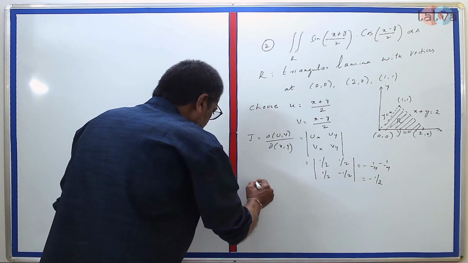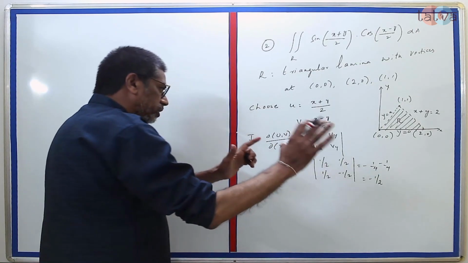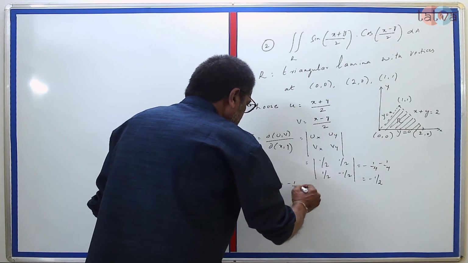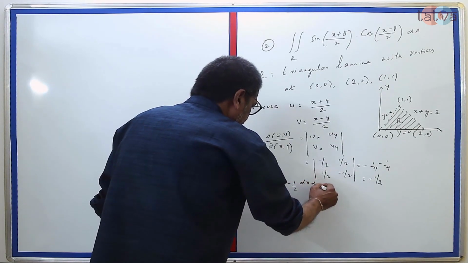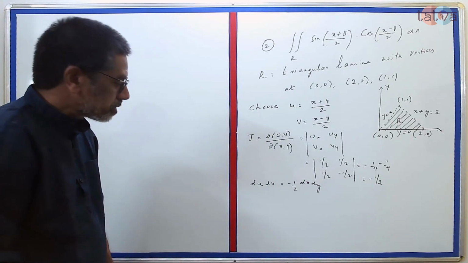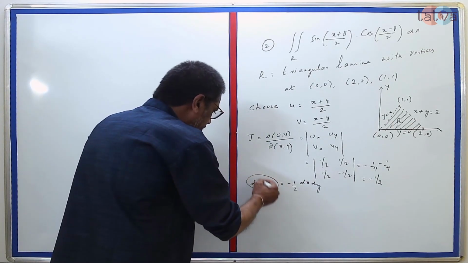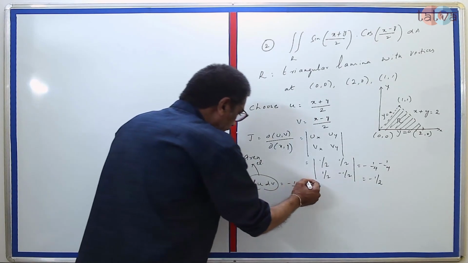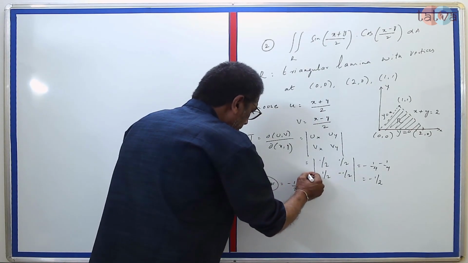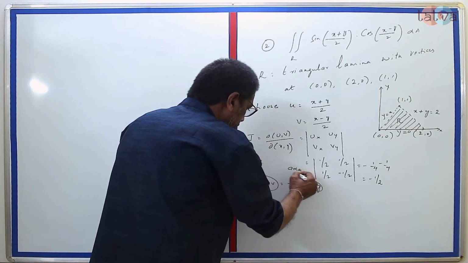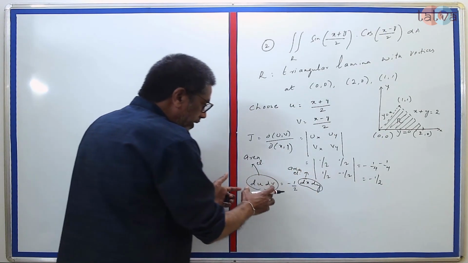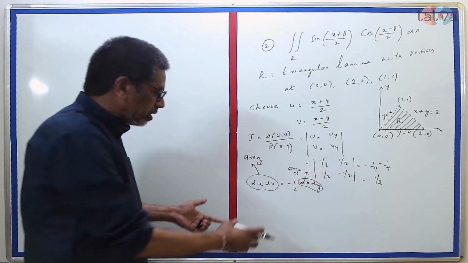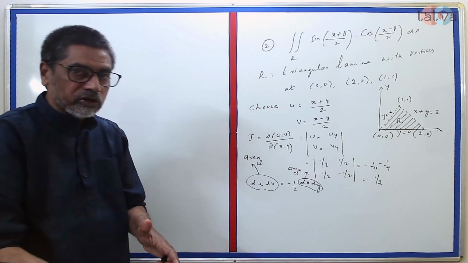It means the area element du dv in the uv reference frame will be minus half times the area element dx dy in the original domain. But because this is an area element, and even this is an area element, area elements are connected to each other, but you cannot have a positive area on one side and a negative area on one side.